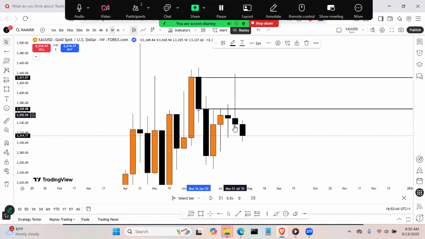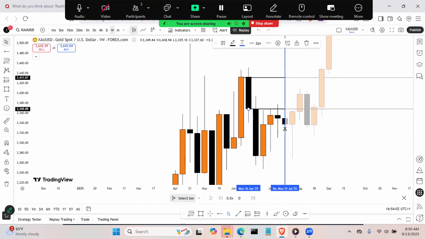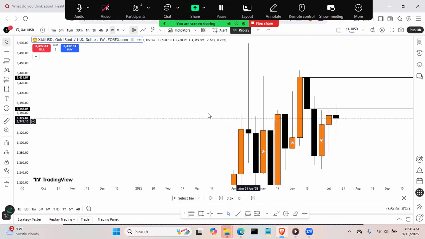But when it's still forming, you cannot call it a rejection yet. Now that it's done forming, it's a rejection. So at that point where it was forming, let me end this replay and redo it again. I want to make it as realistic as possible. Okay, so let me take it again.